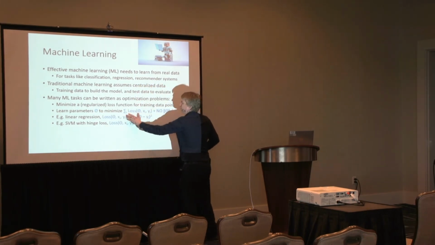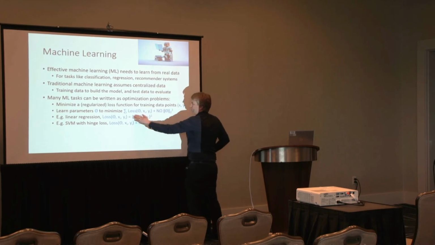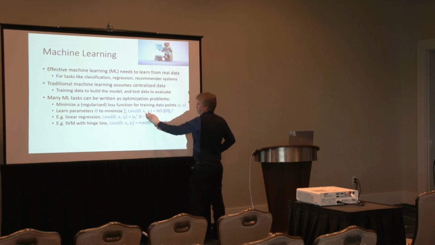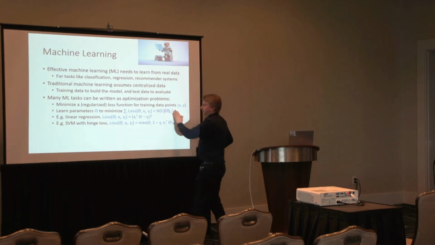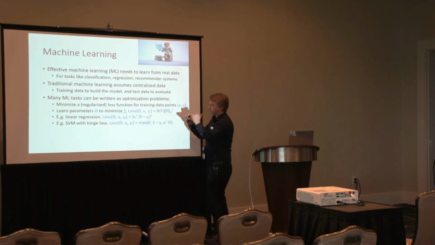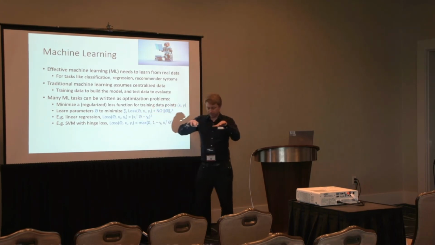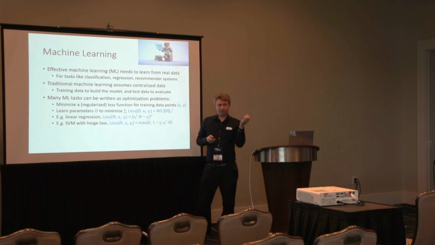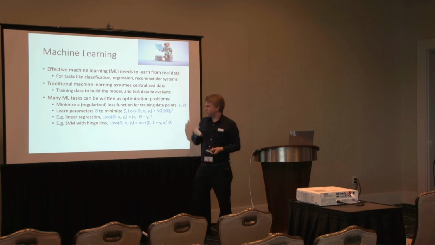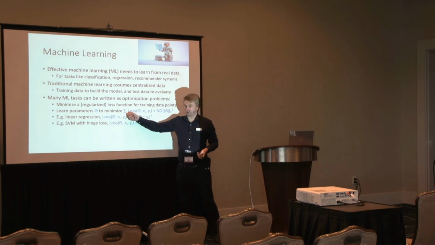That loss function is a sum over the loss for each individual example plus some regularization penalty. Okay, so we're not going to fixate too much on exactly what's going on here, but the first observation is we can take our objective, which is to find theta, and say that the way we figure out if we've got a good theta or not is based on summing over all the different examples.